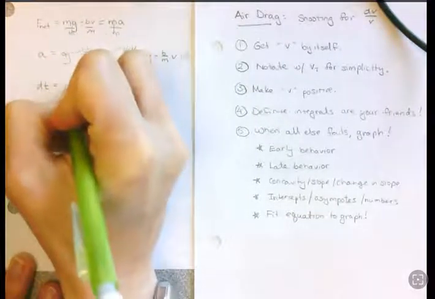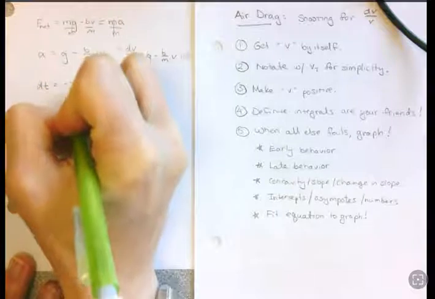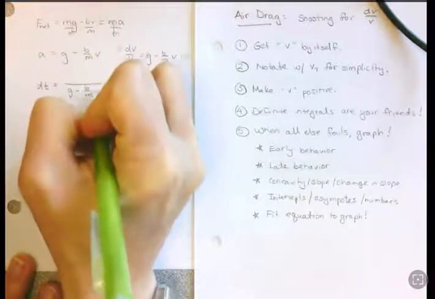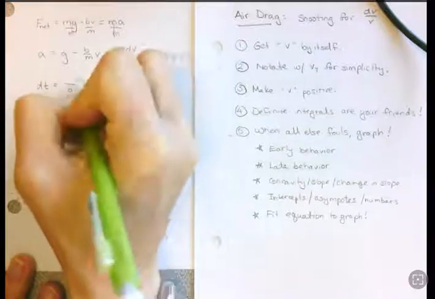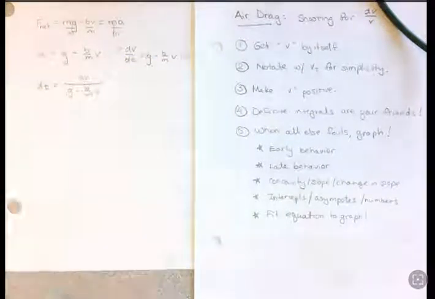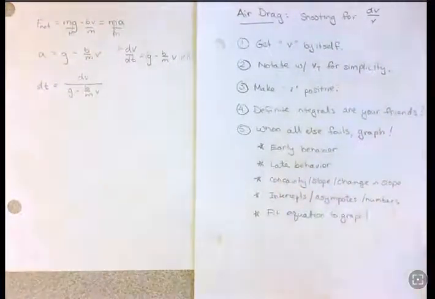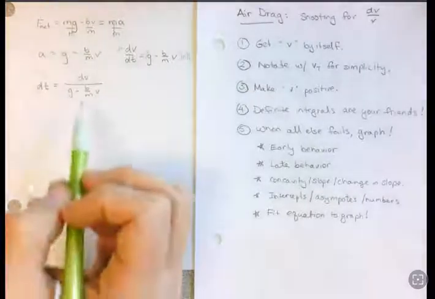And the rest we're going to have is this inexcusably ugly critter, g minus quantity b over m v in the denominator with dv on the top. Ew. I mean, come on, we were shooting for dv over v, and if we had it, it would be great, but we don't. Well, we're just going to have to do something to get d something over something.